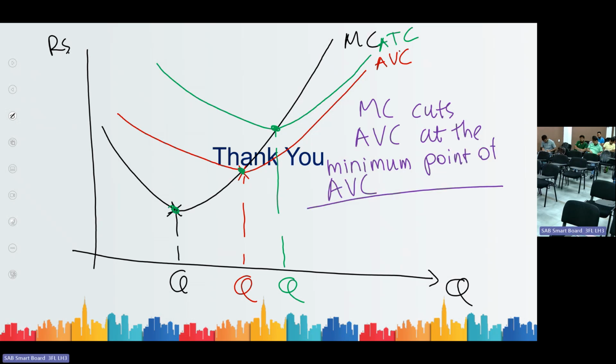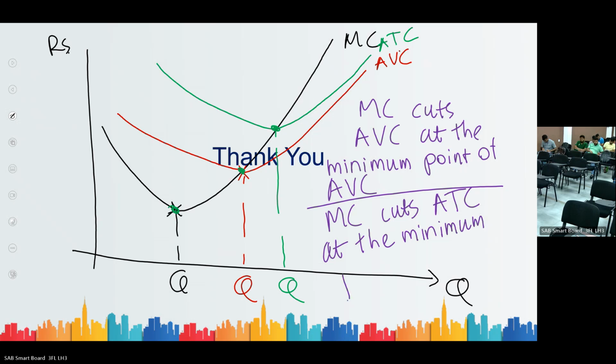At the same time, MC cuts ATC at the minimum point of ATC.